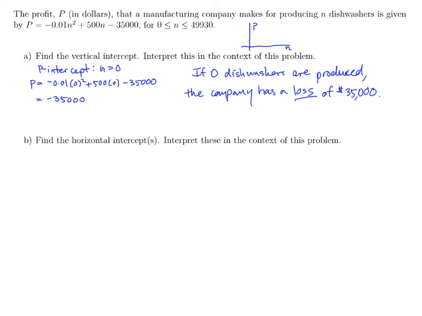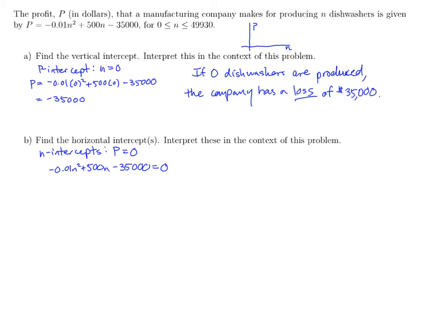Next, let's find the horizontal intercepts. We'll also interpret these in the context of this model. So the horizontal intercepts are going to be our N intercepts, and that's going to be where the output variable is 0, so where P is 0. So solving this, we need to solve negative 0.01 N squared plus 500 N minus 35,000 equal to 0. And looking at this equation, we probably want to just use the quadratic formula without considering any other methods.